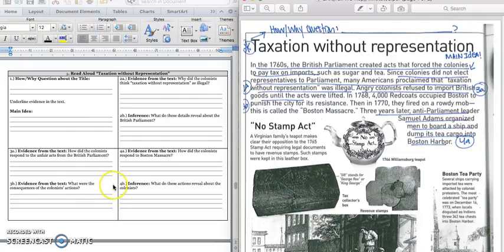It says, what were the consequences of the colonists' actions? So we're thinking, what happened to the colonists because they wouldn't buy these British goods? And it says, in 1768, 4,000 redcoats occupied Boston to punish the city for its resistance.